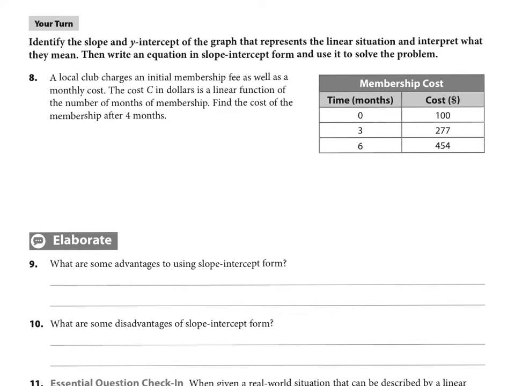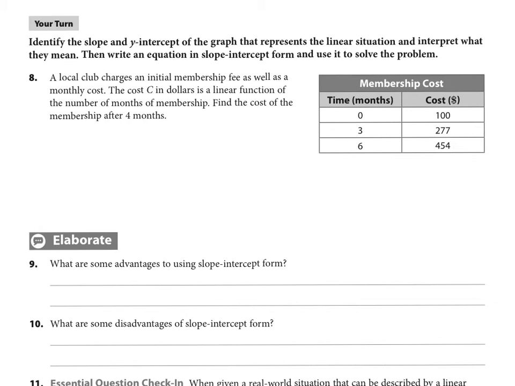It says identify the slope and y-intercept of the graph that represents the linear situation and interpret what they mean, then write an equation in slope-intercept form and use it to solve the problem. Oh my gosh, what does all that mean? Okay, here we go.